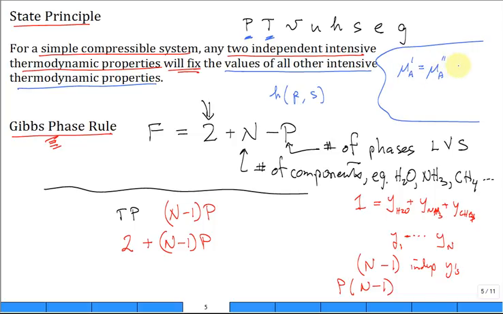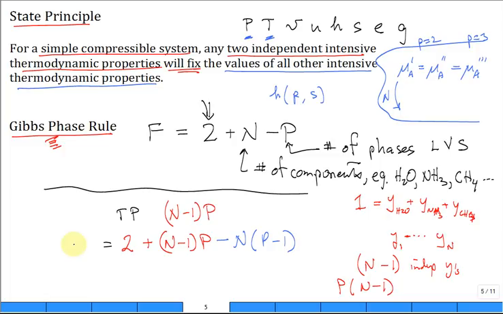That was for 2-phase, P equal to 2, and if you had P equal to 3, mu of A in that phase, right? If I have P equal to 3, how many equations do I have for component A? Just 2 equations, right? So you have N components, so you subtract off N times P minus 1, which is the number of constraints at equilibrium from the chemical potentials.